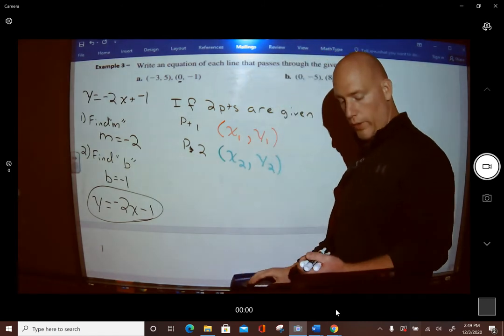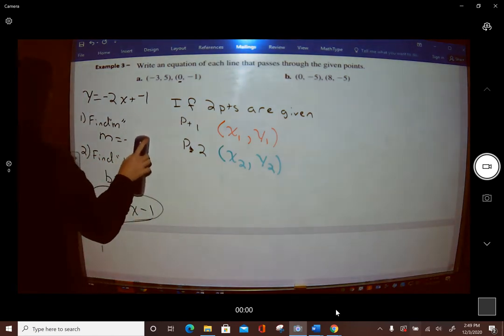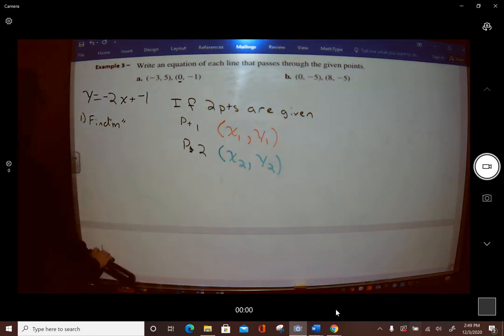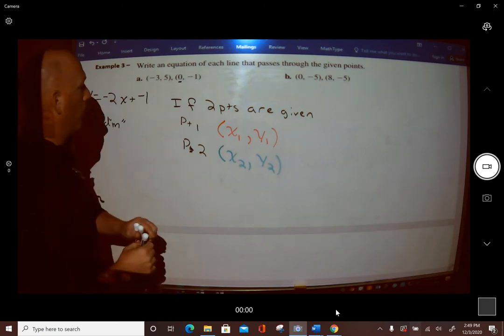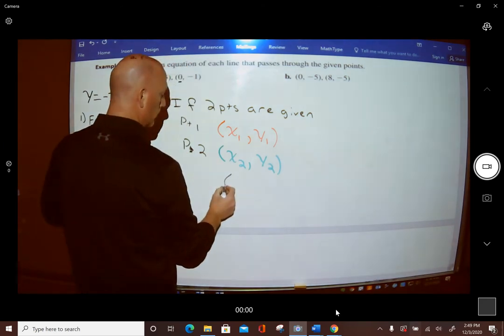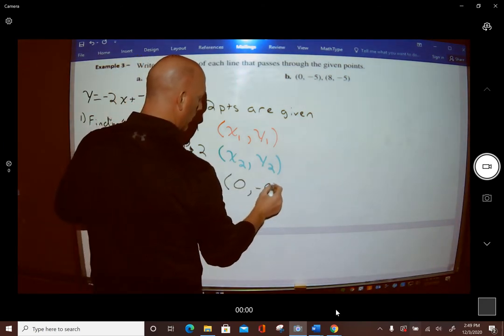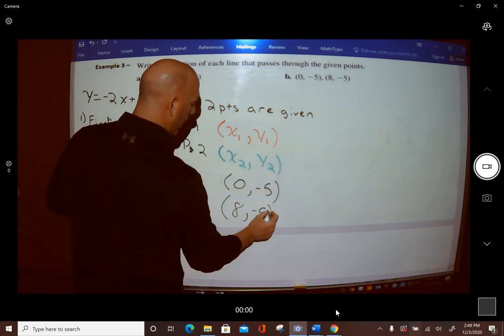Always, always, always rewrite your formulas. So our first step, for example, 3b, find slope. We are given the 2 points, (0, -5) and (8, -5).